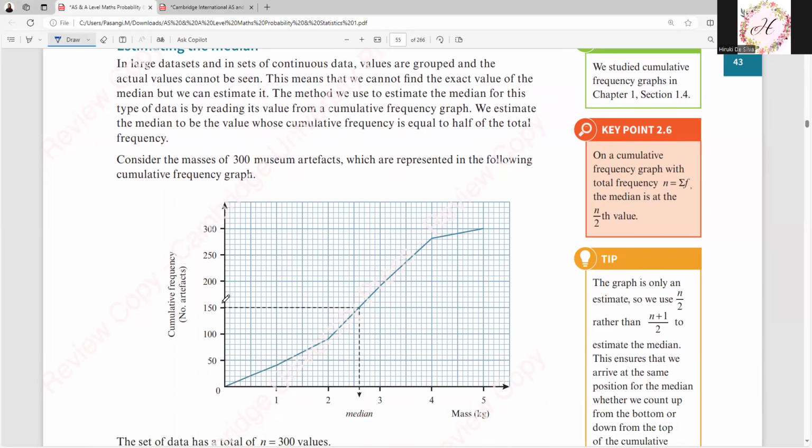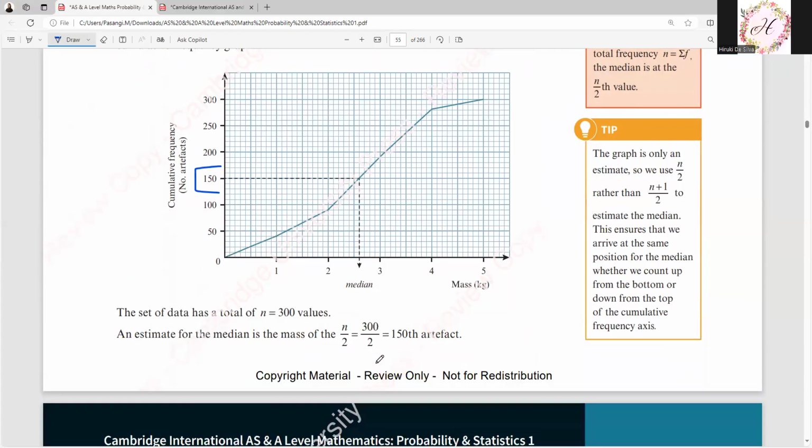Here we drew the cumulative frequencies, and we have 150. We have to read the value available for 150. It's somewhere around here, so if I estimate it, I can roughly read it as 2.6.